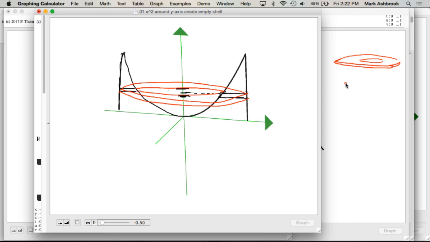The next delta y interval may have different radii, but they'll stay fixed in that interval, and the height will increase through it. So as y increases, only h increases.